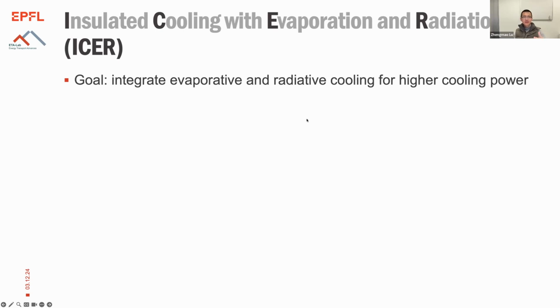So obviously we went for the acronym, but the goal here is to integrate the evaporative and radiative cooling method to get higher cooling power. And we want to integrate it in a synergistic way, so the cooling channels can be parallel and not interfering with each other that much. For example, if you just slap a water layer on top, then the water layer will be absorbing a lot of sunlight, which is not what you want for radiant cooling.